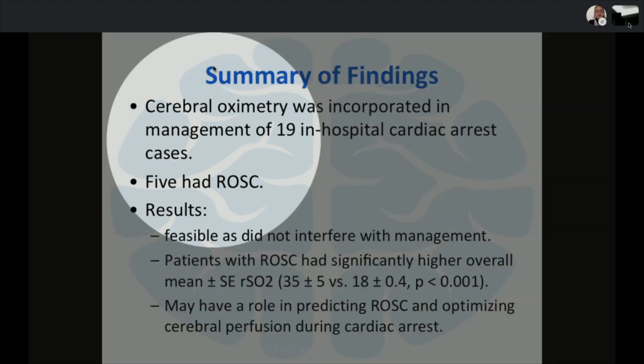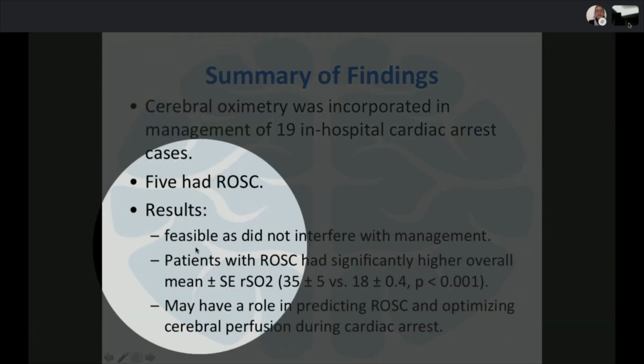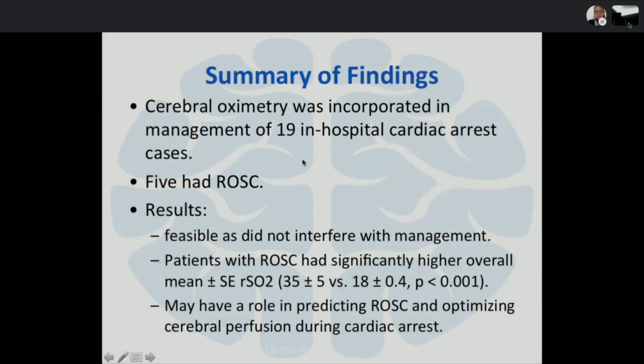And the patients who had the ROSC had significantly higher overall values of cerebral oxygenation. So probably the use of NIRS in this case would potentially have a role to optimize and assess the cerebral perfusion during cardiac arrest.